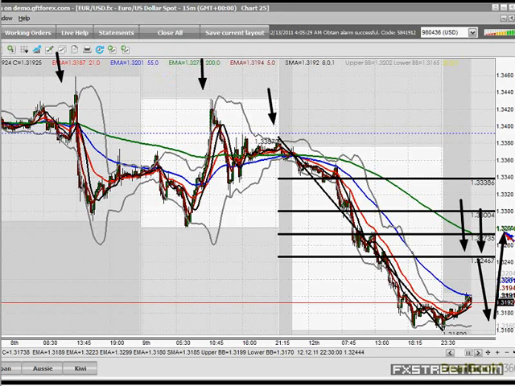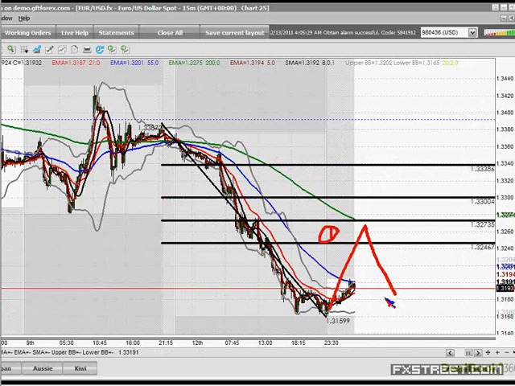Okay? So my trade plan number 1 is a short from here. Short it, get it down to 132, 131.80, probably the max.